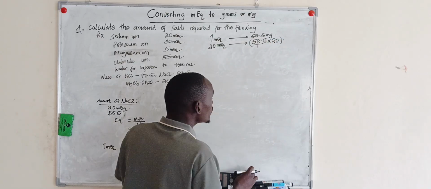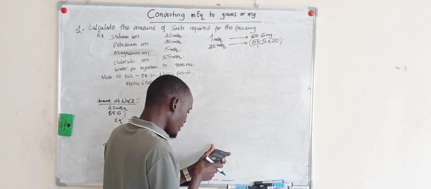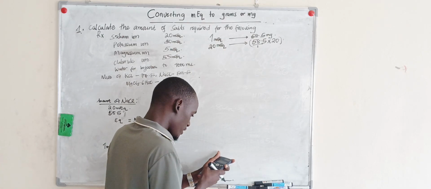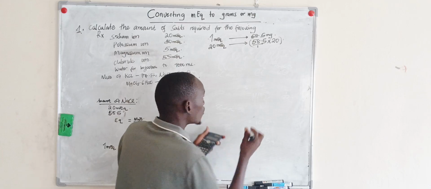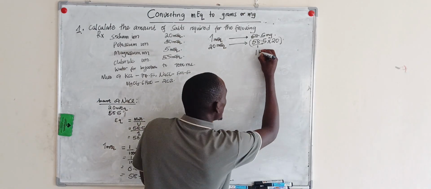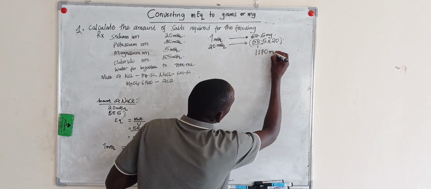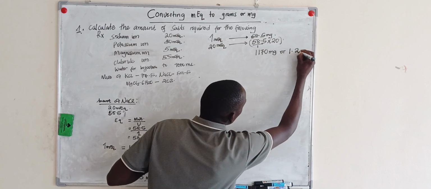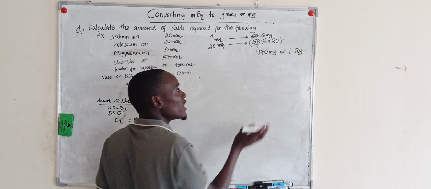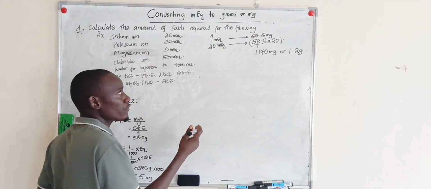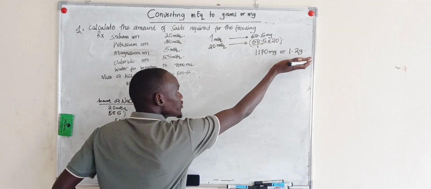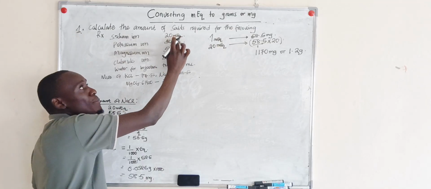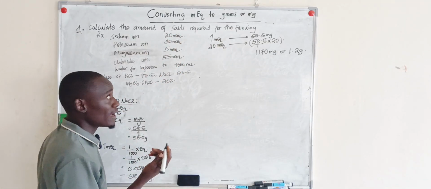And when we compute this, 58.5 times 20, we shall have 1,170 milligrams, which is also the same as 1.2 grams if we convert to grams and approximately round off. So this is the mass of sodium chloride which is equivalent to the 20 milliequivalents in the formula.